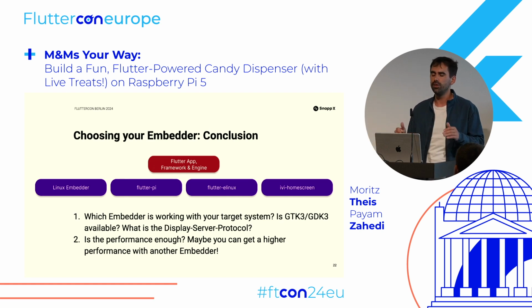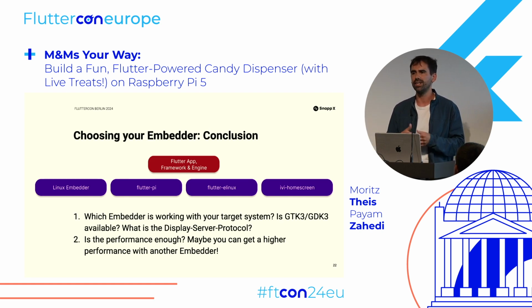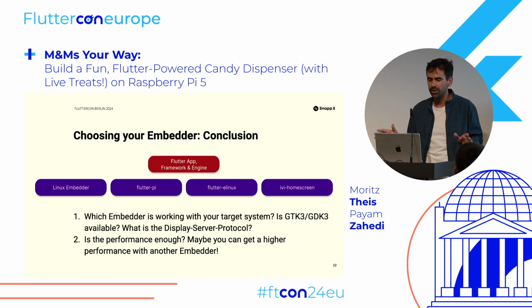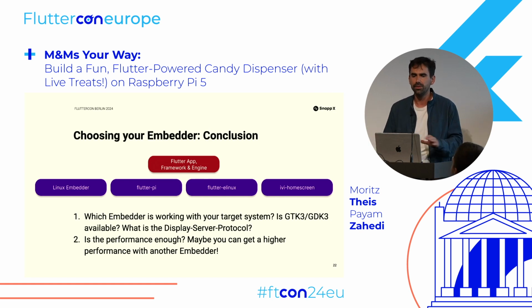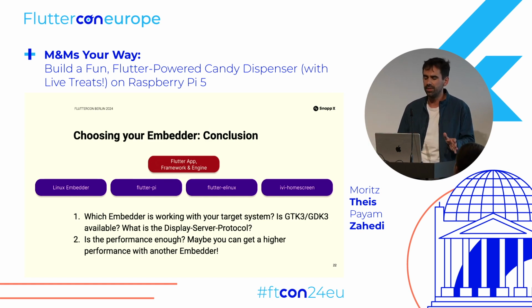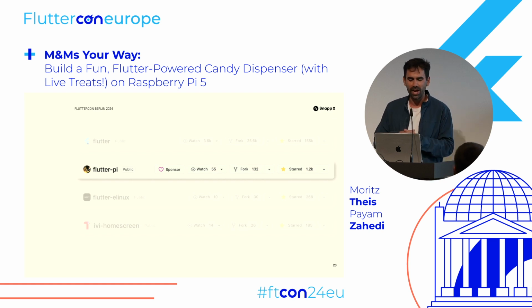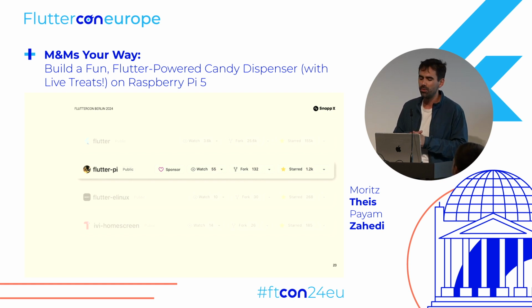But in conclusion, we can say for all of you who want to get started, for Raspberry Pi 4, 4B, 5, with Raspberry Pi OS, so the official one, you can go and start off with standard Flutter. Spoiler, the performance will be good enough. So back to our original question. For our use case, we could go with option 1, the standard Flutter Linux embedder.